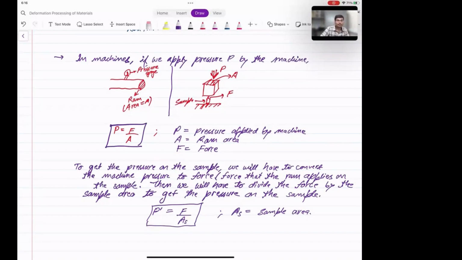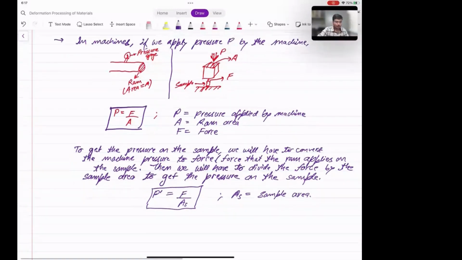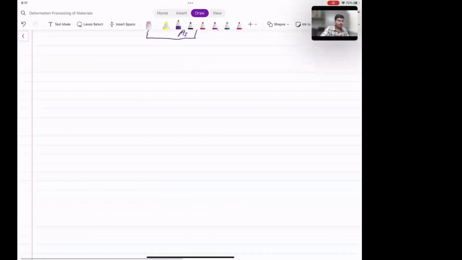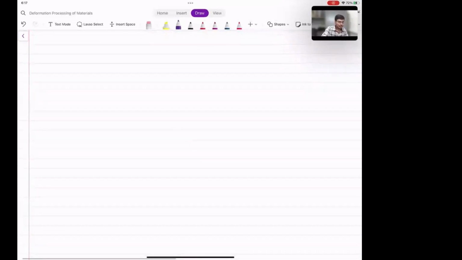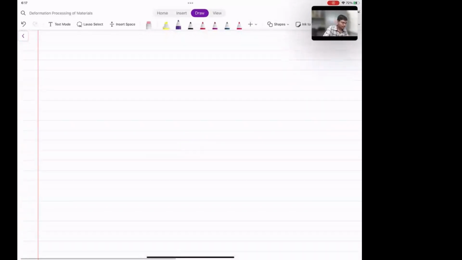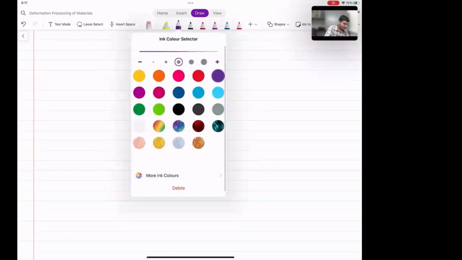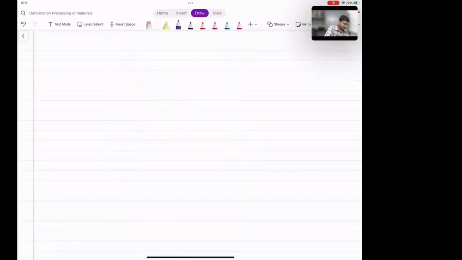Okay. Now let us see some special extrusion processes. In this category, the first one is the impact extrusion process, which is also known as the Japan backward extrusion process. Okay, so we will now see the impact extrusion process.